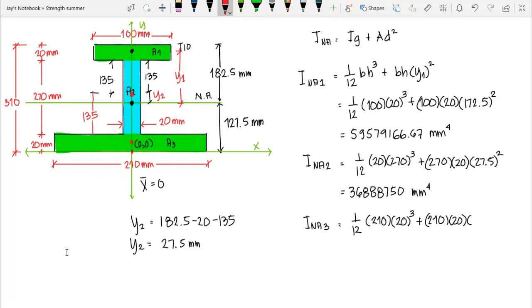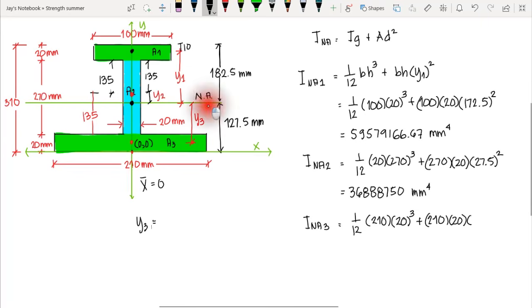So let's say this one, centroid, let's say that's y3, and our y3 there is equal to, we have the distance from the neutral axis to the bottom surface, we have 127.5 minus half of the thickness, since this one is 10, minus 10, then we have 117.5 millimeter. Okay, that's the centroid of area 3, section 3, to the neutral axis.